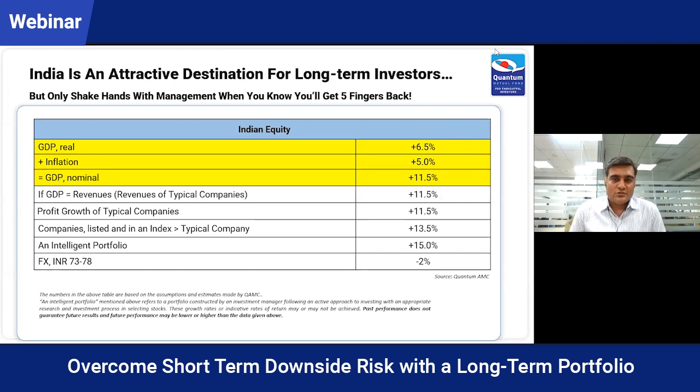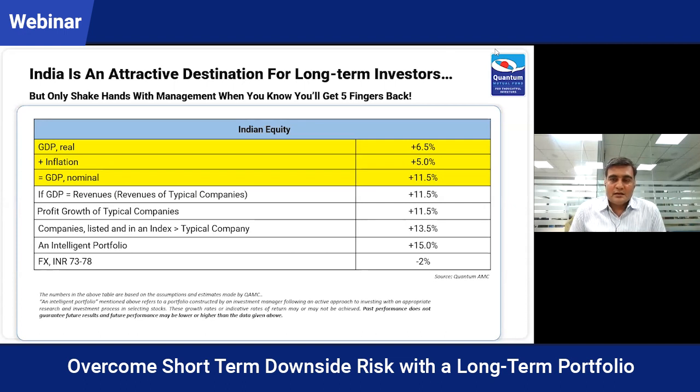So as I was telling you, India's real GDP has grown by 6.5%, and for maybe the next decade or two, this could be the broad expectation from India's real GDP. If you add our average inflation, which has been close to 5.5%, the nominal GDP that India has is close to 11 to 12% over a longer term perspective.